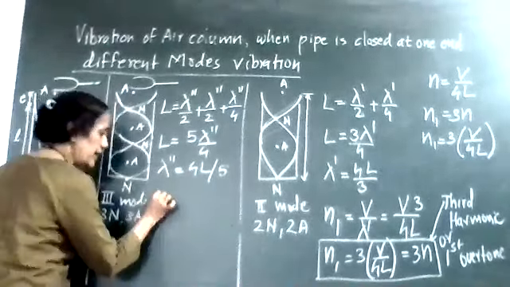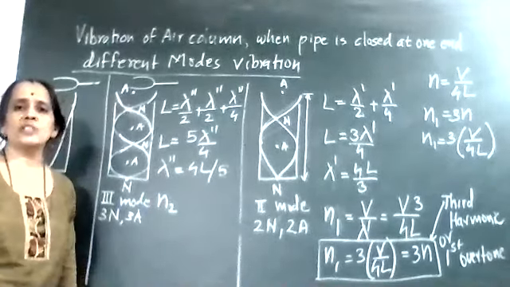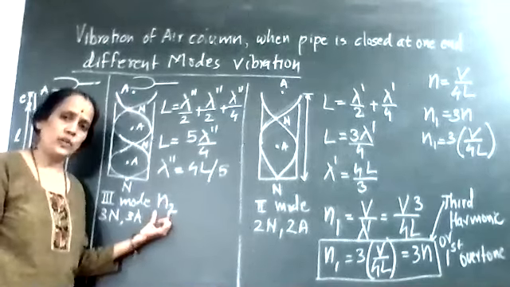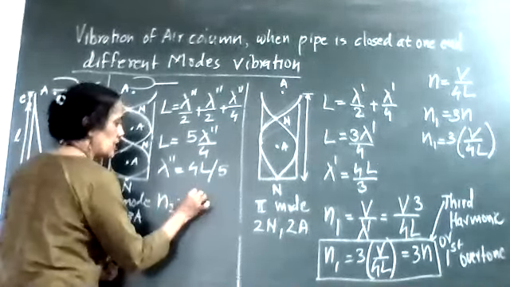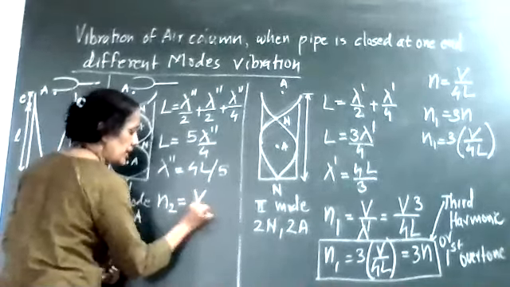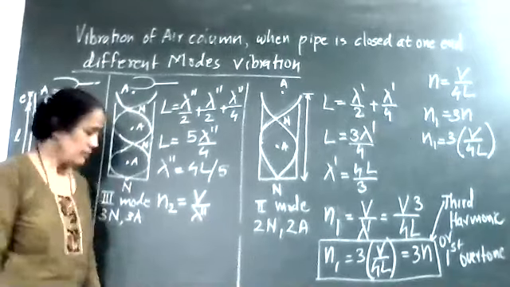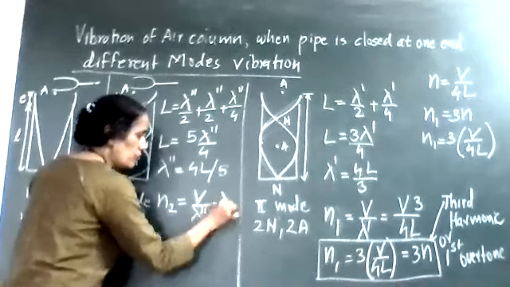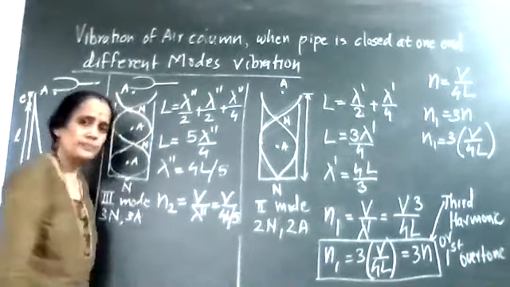So now I can write down the frequency by which the air column is vibrating. That is N2, which is equal to V divided by lambda double dash, which is equal to V divided by 4L by 5.